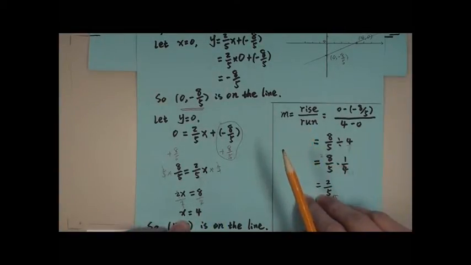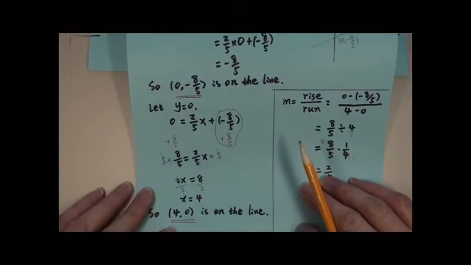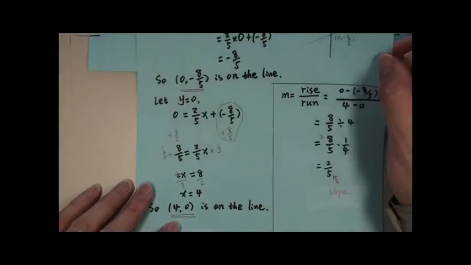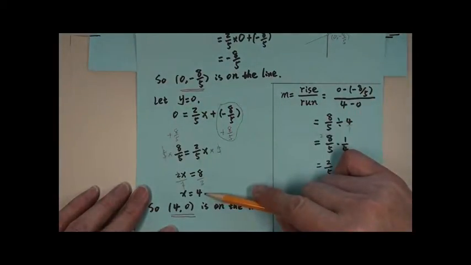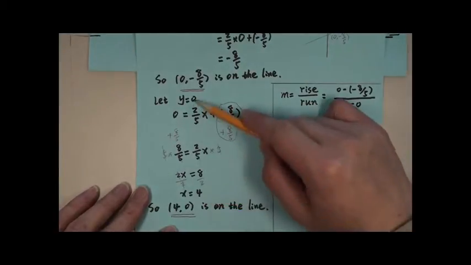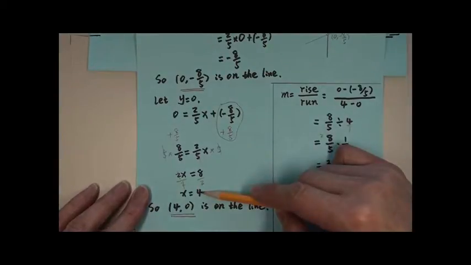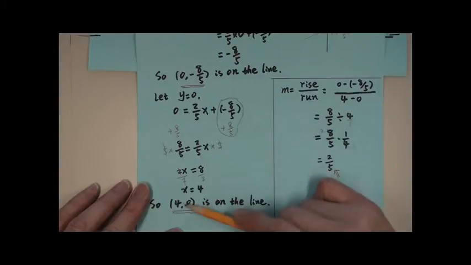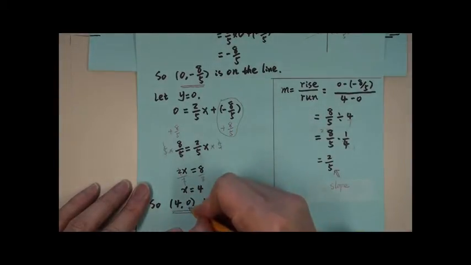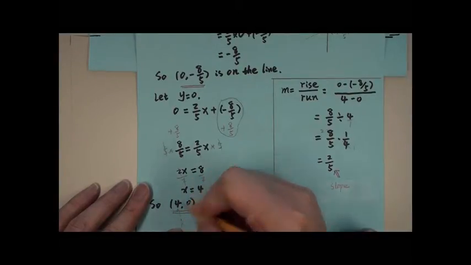With x equals 4, if you let y be 0, you have a value x. Those two together are not separate points. They are a single point in this case. This is value y, and this is value x.